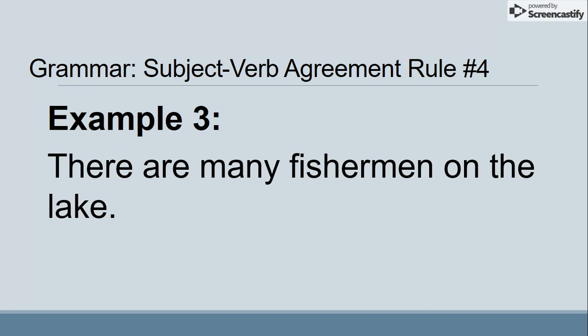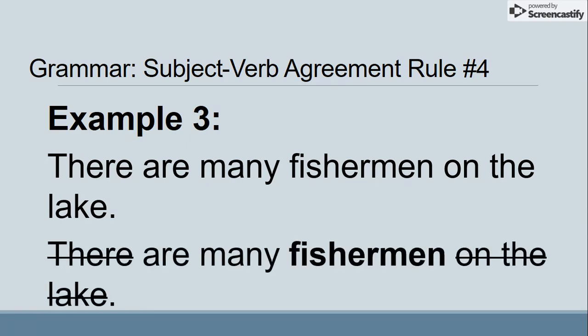So in this situation, we have to ignore a couple things. We have to ignore the word there. It's an adverb, we ignore it. We also need to make sure we're still using rule number 2, and we ignore the prepositional phrase on the lake. The subject of this sentence is really the word fishermen. Fishermen is plural, and so we have to use the plural verb are to make it fit.